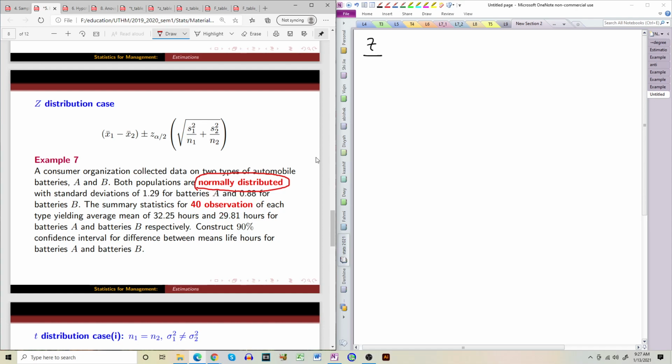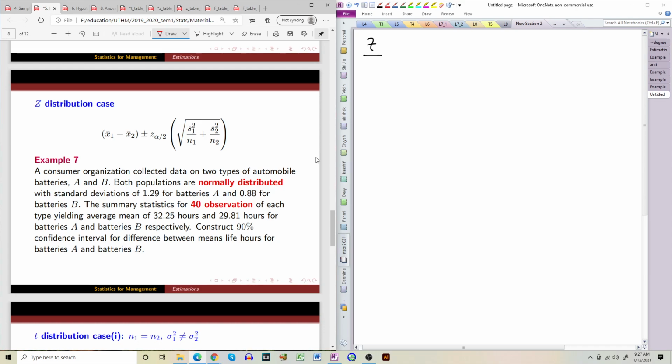Here I give the summary statistics for 40 observations for each type, so both A and B are 40 and 40. It need not be the same; it must be more than 30, that's all.